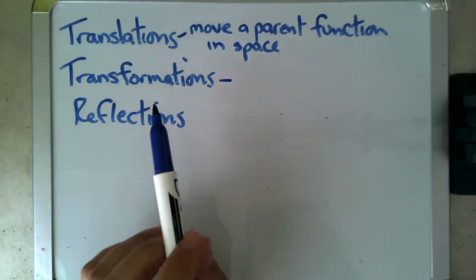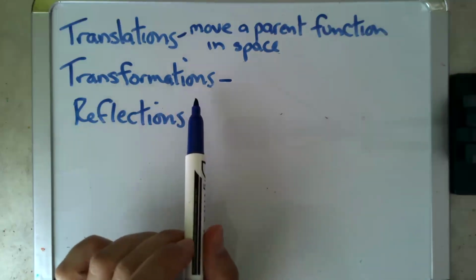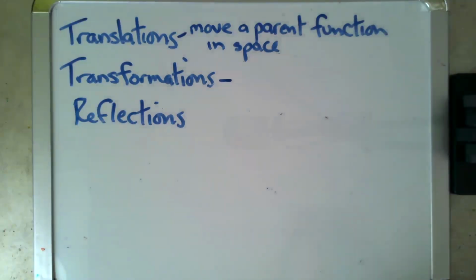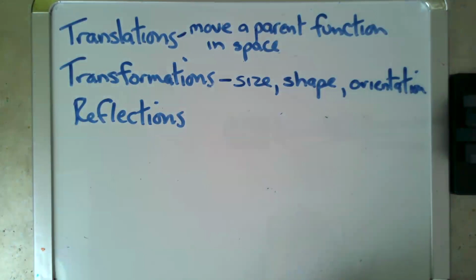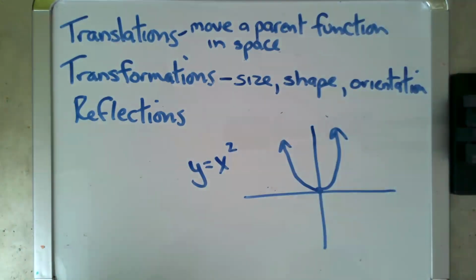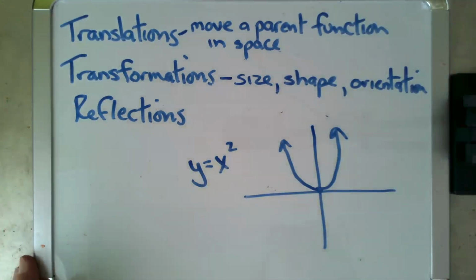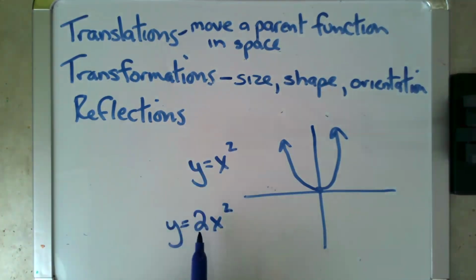So our next term, transformations, change the size, shape, and orientation of our parent function. So let's go back to our parent parabola. Transformations come in the form of the following, where I am multiplying a number to my function.